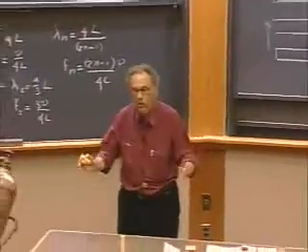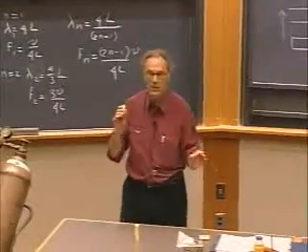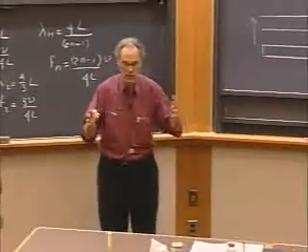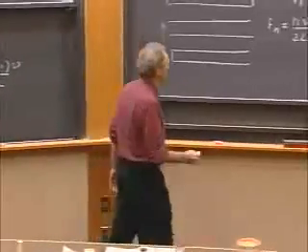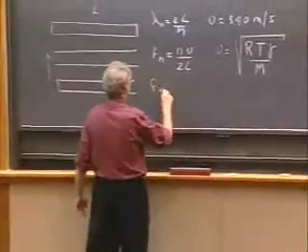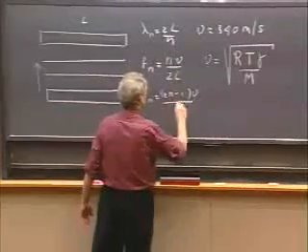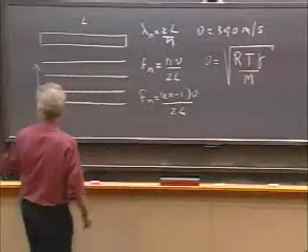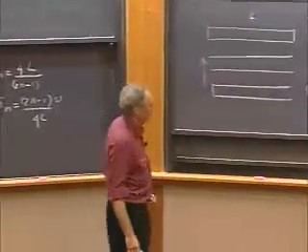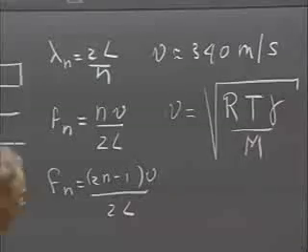A clarinet comes very close to being almost closed at one side and open at the other, but there are many musical instruments which are open on both sides. So then you would have here that f of n equals (2n minus 1) times v divided by 4L. So then you have indeed this case which we dismissed for string instruments.